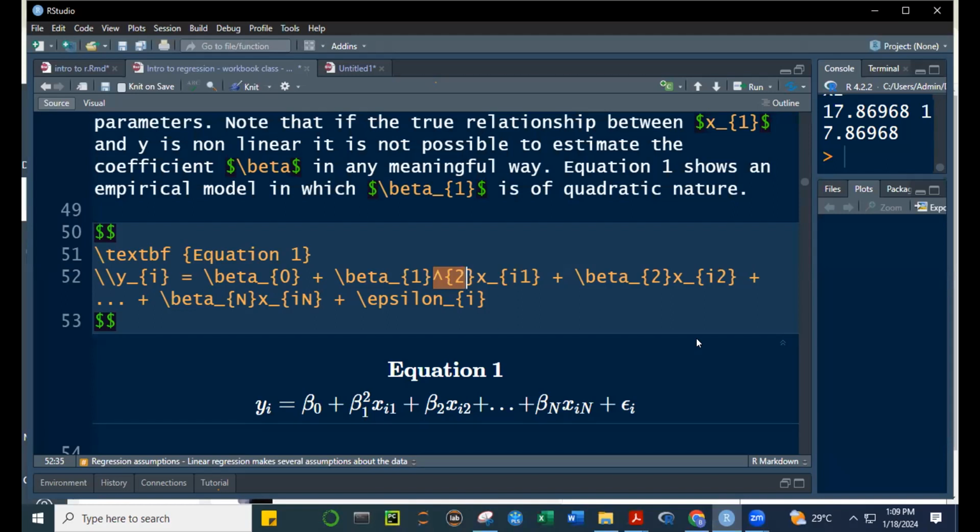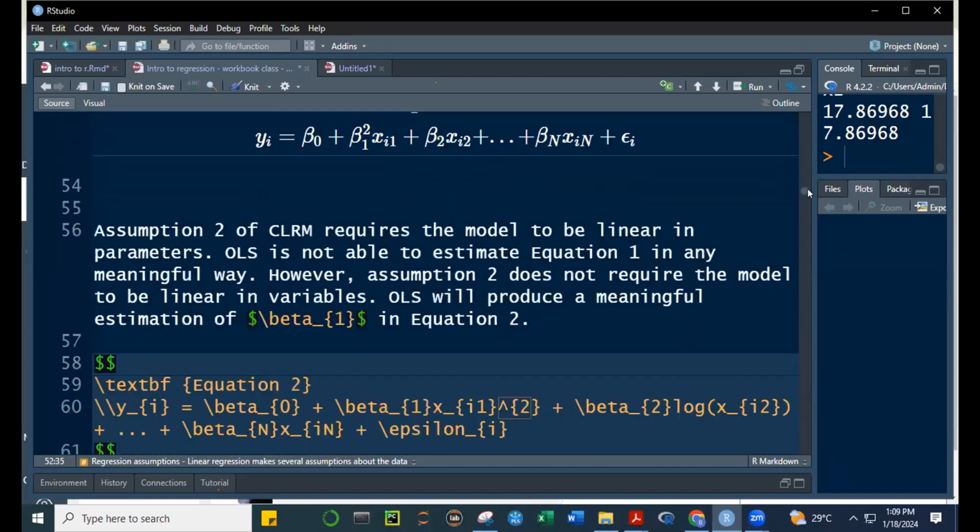Tapos yung number 2 naman, dapat yung mga parameters natin dapat linear. So dito, class, hindi pa pwede ito. This cannot be, no? Kaya hindi rin pa pwede naka-square root siya, hindi rin pa pwede naka-log. Okay? So dapat linear lang siya, beta lang siya.